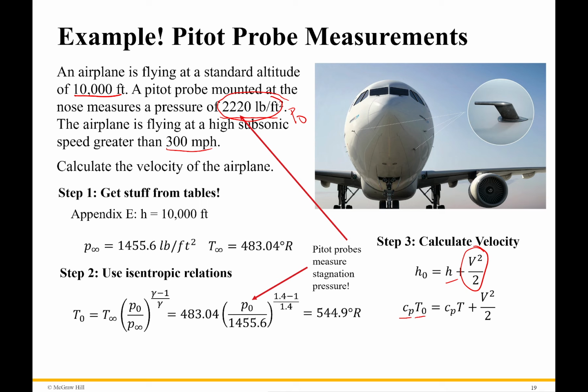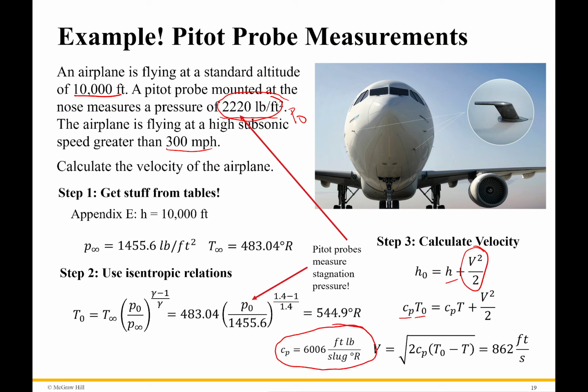I know my temperatures, I know my specific heat, which means I can now solve for my velocity. One thing to be very careful of here, this is English units, which means we have to use the specific heat in English units. And I would definitely write this down so you don't have to go find it again. It's 6,006 foot-pounds per slug degree Rankine. It's not fun. And so I find from this that my velocity is 862 feet per second.